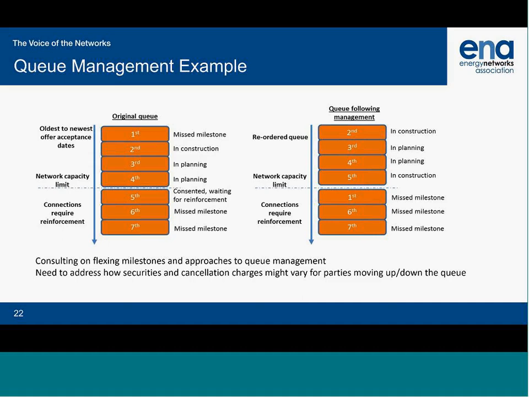As well as queue management, I just reflect on interactivity, the other point in the process, where we're also reviewing the responses. And as I said, on queue management, if you think of that queue you see there and ways to optimise using those principles of fairness, efficiency and value to the system, this is where we're looking to identify whether storage should be treated any differently to other customers in terms of its value to the system, and should it be promoted up the queue in any circumstances, and what would those circumstances be.